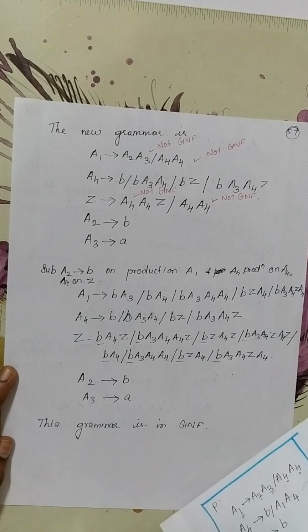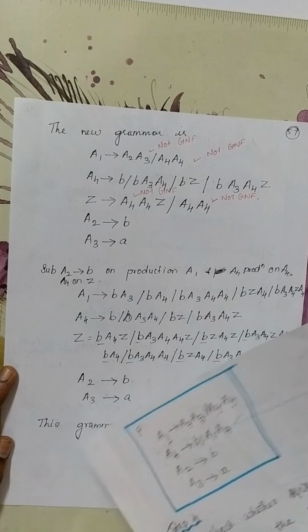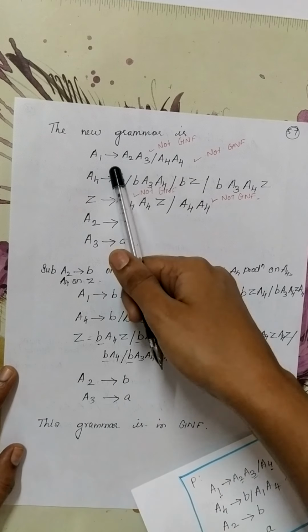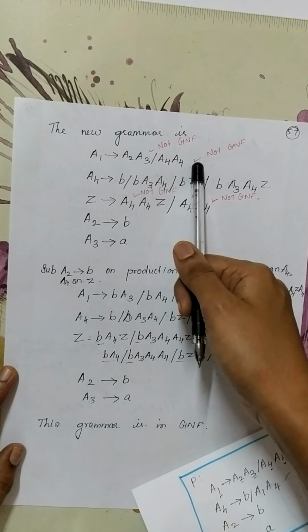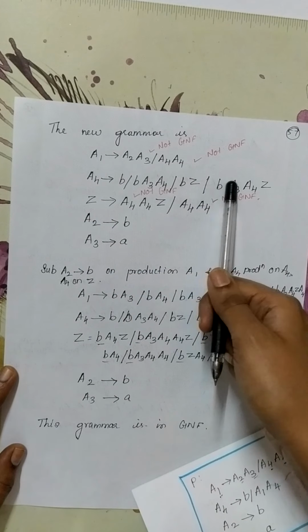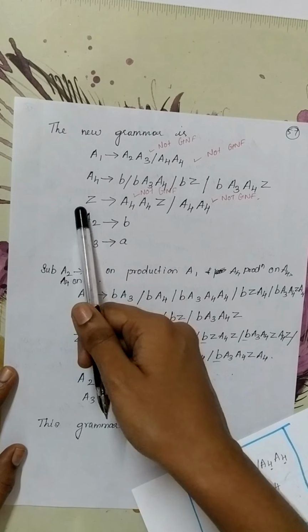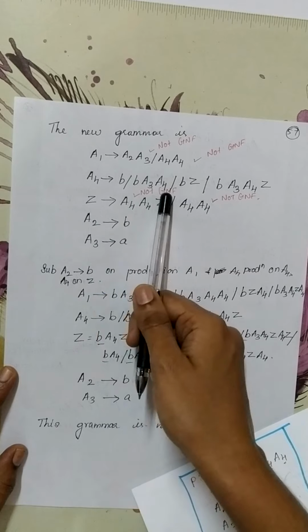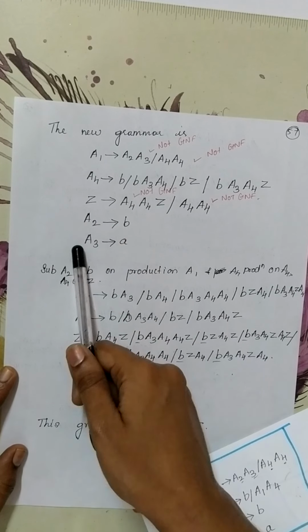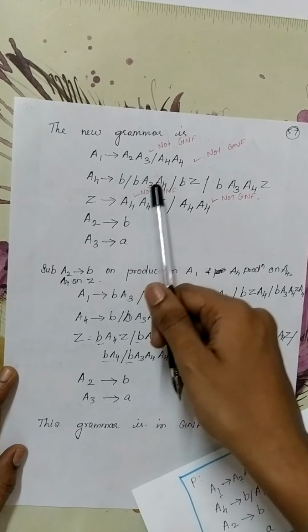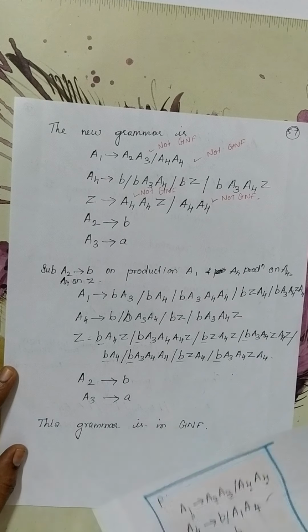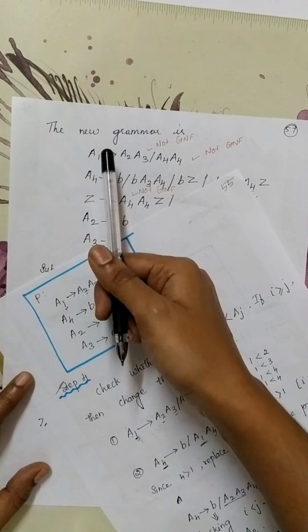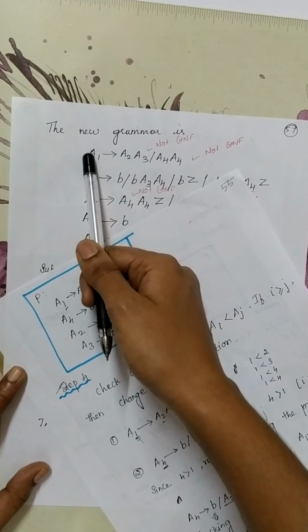The new grammar is given as A1, the productions of A1 gives A2, A3 or A4, A4, then the productions of A4, then the new production Z, then A2 and A3. So this is a new grammar. We know where we got this A1, right?